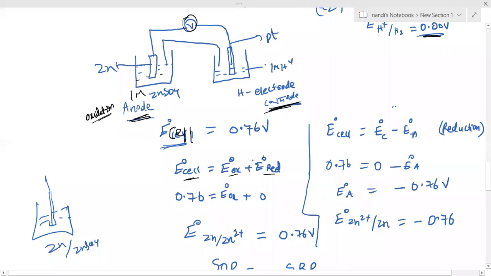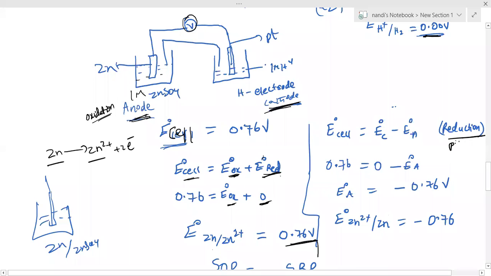So E naught oxidation we don't know, but E naught reduction of hydrogen I know is zero, because I am taking our reference as zero. Oxidation is represented as Zn slash Zn2 plus: Zn loses electrons to give Zn2 plus plus 2 electrons. What value are we getting, sir? 0.76.